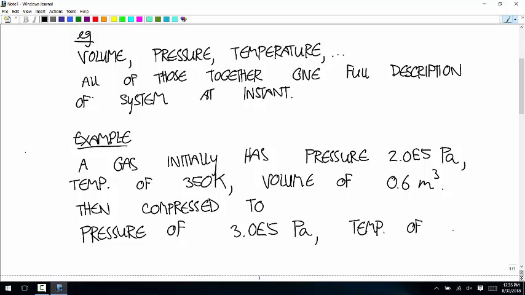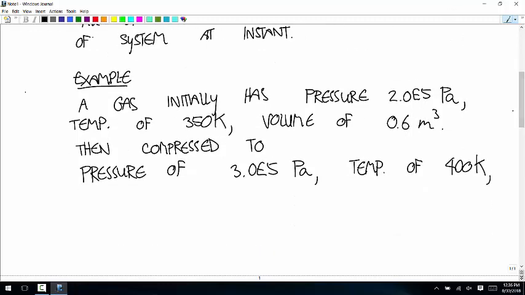Temperature of 400 Kelvin. And we're compressing it so the volume has to be a little smaller, let's say 0.3 meters cubed. Okay, so what are the properties? What are the states? What are the processes?